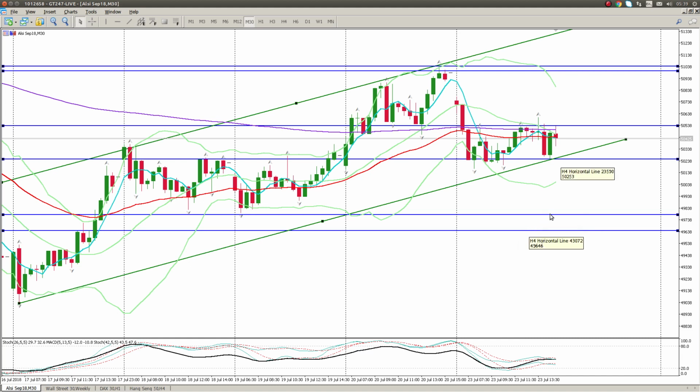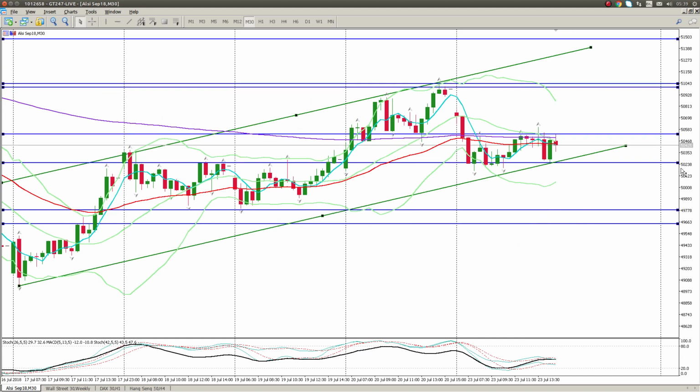That would be the downside target. Upside target would be pretty much the previous high, which is sitting up here at 51,000. What we're looking for is this range to break. Whichever way it breaks is the way you're going to trade it. I must admit, my bias is that we're at the bottom of the channel, so I would expect a break to the upside. That's how I'm playing Aussie today.